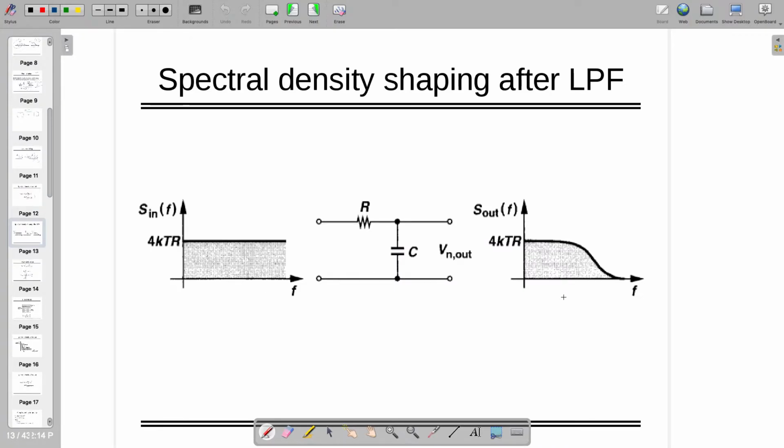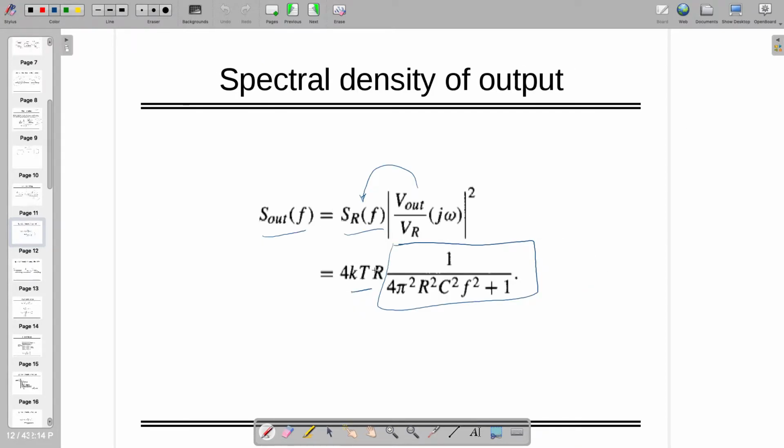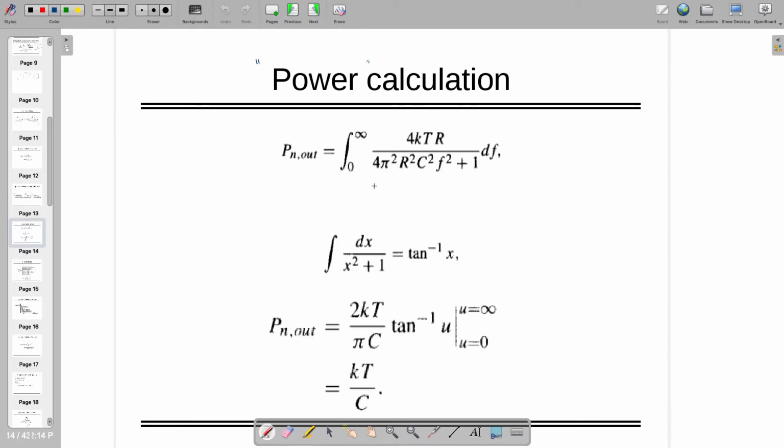You are going to see this thing, and you know what the cutoff frequency is, right? Other than that, we are more interested in the power. So when you want to take the power, using the same equation which we have found just now, you can integrate it from 0 to infinity of 4 kTr divided by the transfer function for a band of frequency, and using this formula you can have 2 kt by pi c times tan inverse u.